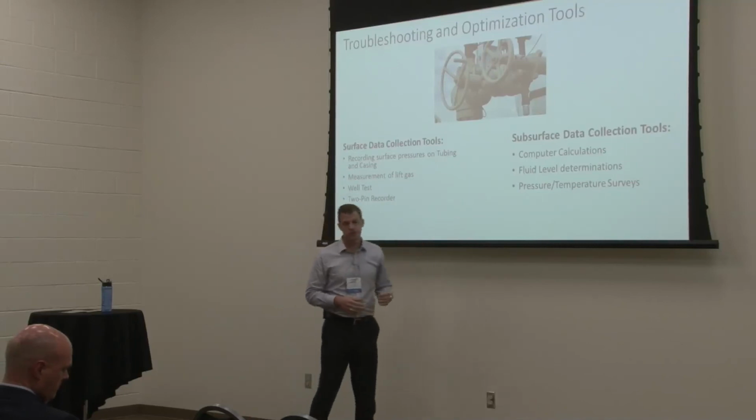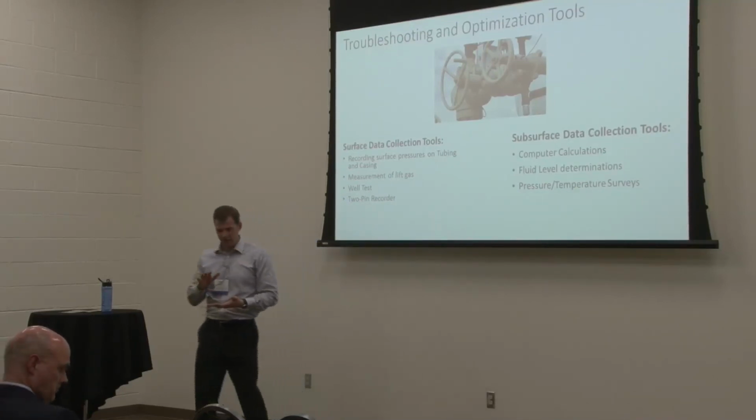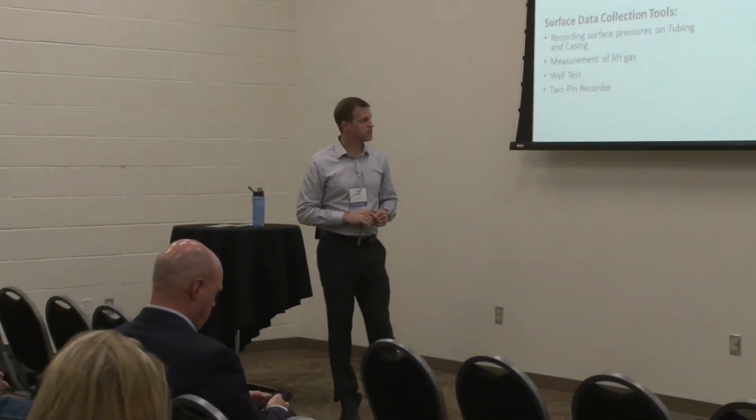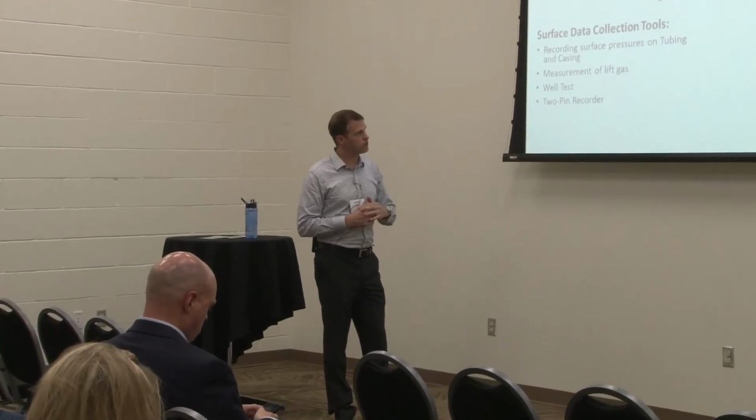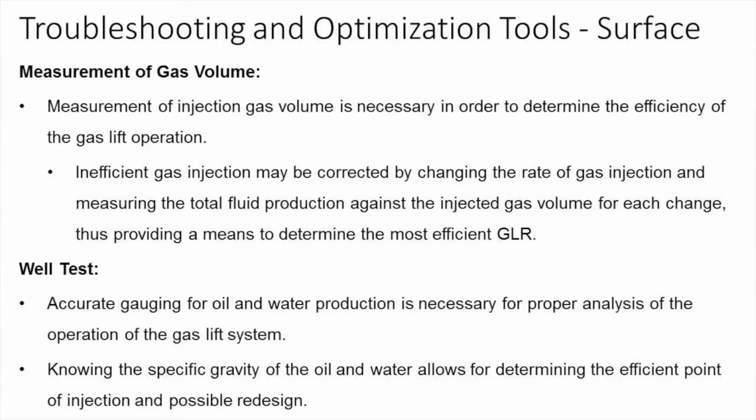Running pressure temperature surveys is probably the best, in terms of it gives you real-time data downhole that identifies how the system's operating. Determining fluid levels is also very helpful. Measuring gas volumes, as I mentioned, is a very good way to help optimize and understand how efficient your gas lift system is.